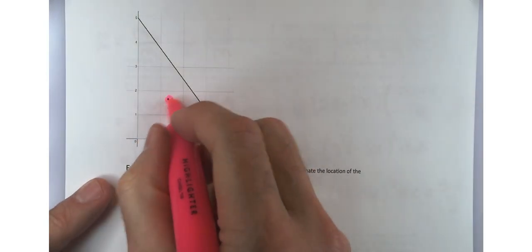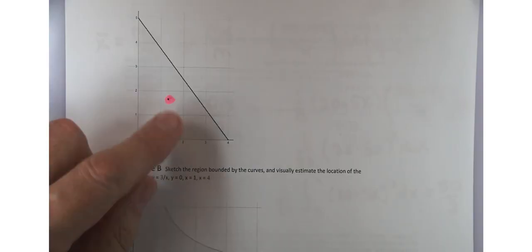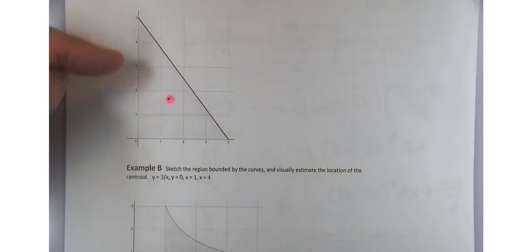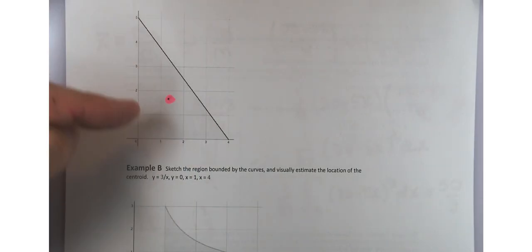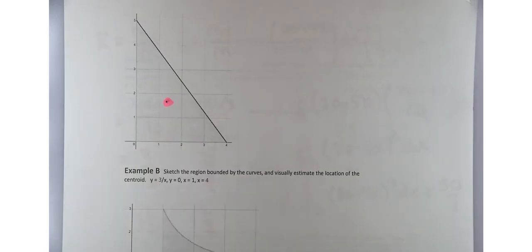That wasn't just a smudge, that's our actual center, or centroid, for this problem. And it looks pretty good. It looks like a reasonable balance point. You've got some mass that's a little higher up here, so you need to balance it out with a lower point. Is it a complete check? No, but at least it passes the first glance.